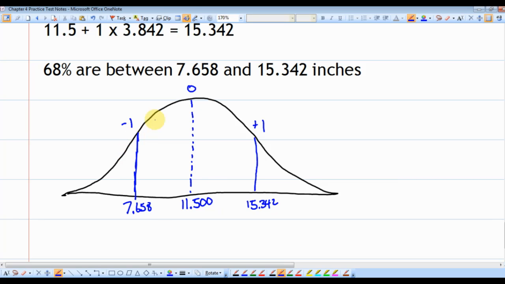So basically what I'm saying is this middle part right here, this is 68%. That is the empirical rule, or at least the first part of the empirical rule.